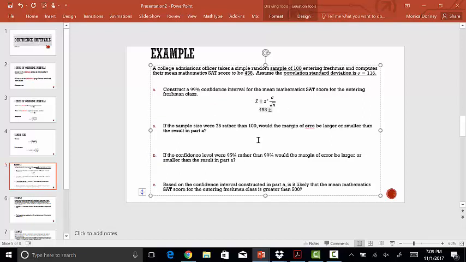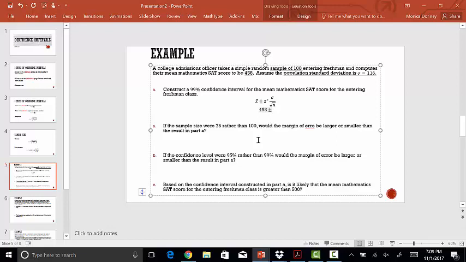In this problem, our x bar would be the mean score, so I'm plugging in the 458 plus or minus z star. Now the z star is kind of important because to calculate z star, you're actually going to do inverse norm on your calculator. In this case we're doing a 99% confidence interval, so we do inverse norm of (1 minus 0.99) over 2, comma 0, comma 1, where our mean is 0 and our standard deviation is 1.